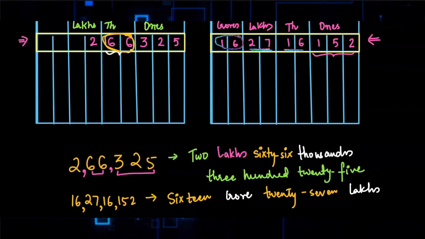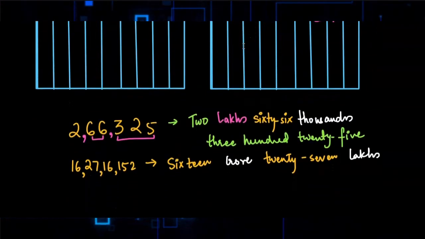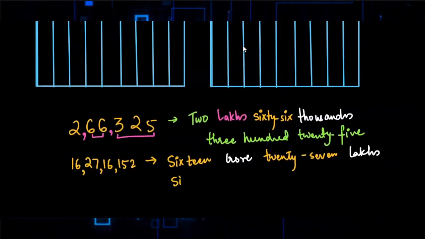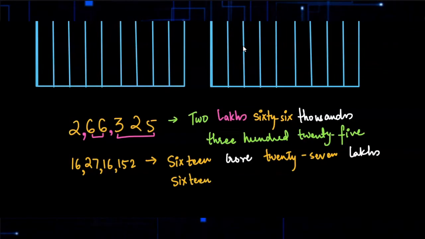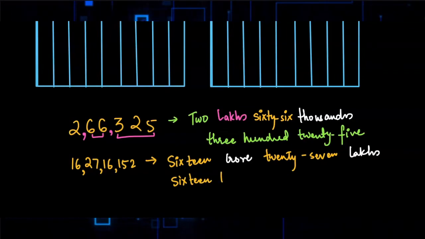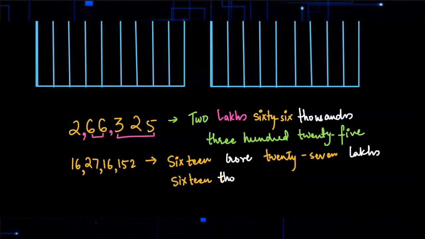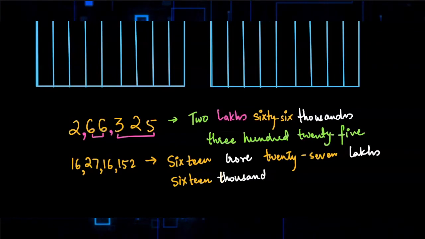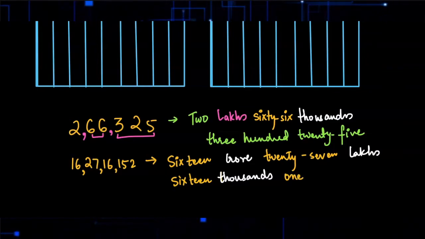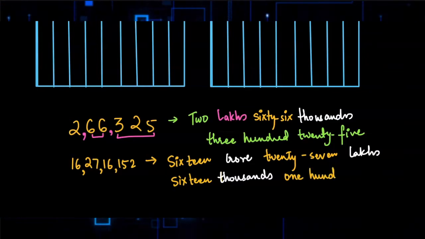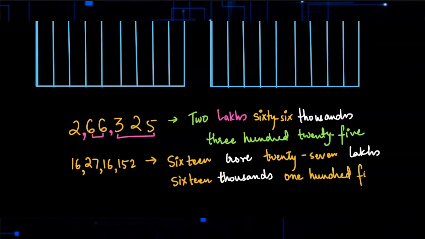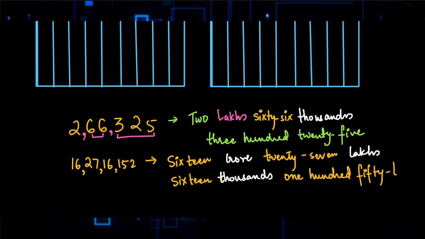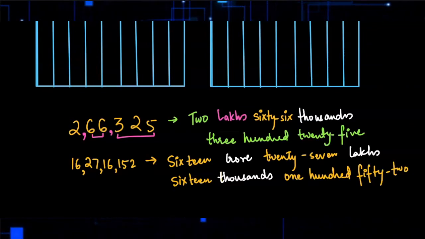Then it's thousands period, and the number which comes under thousands period is 16 again. So we'll write 16,000, and then comes ones period, which is 152. See how simple reading or writing number names is.